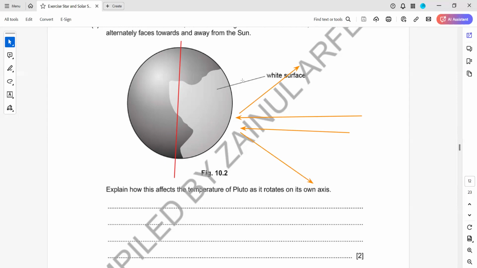But as it rotates, the black surface is a good absorber, so the temperature of Pluto will increase. On the white surface the increase in temperature is smaller compared to the black surface, which is a good absorber of heat radiation.